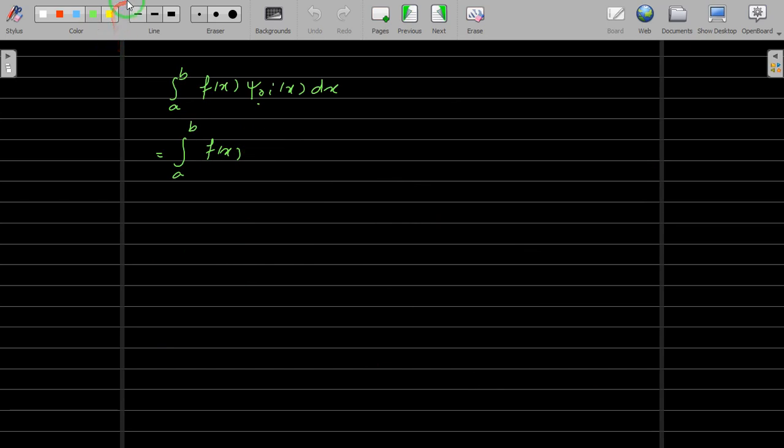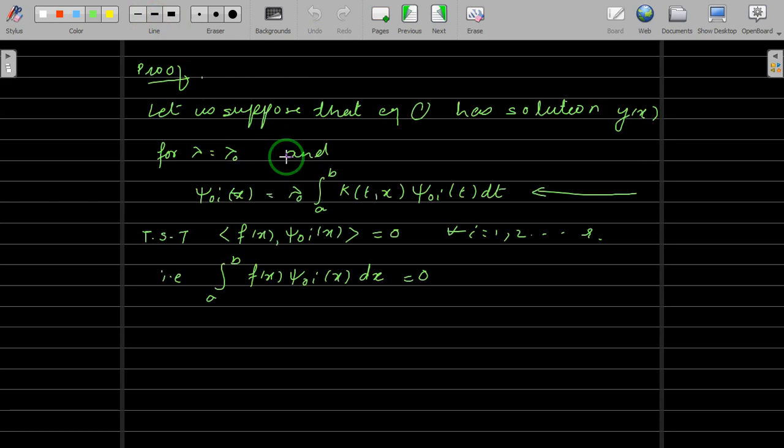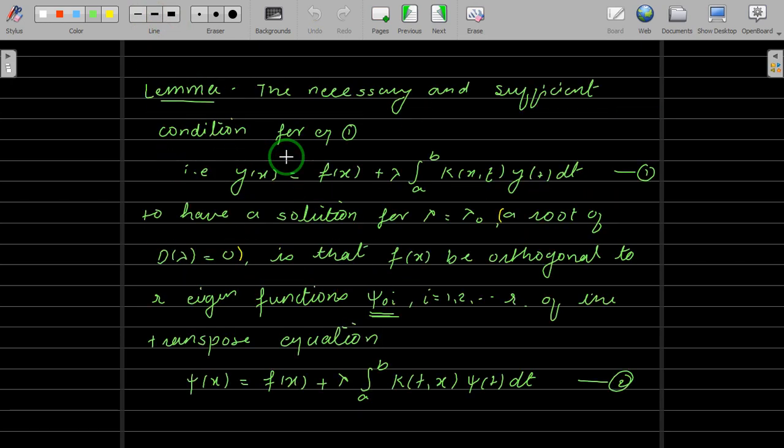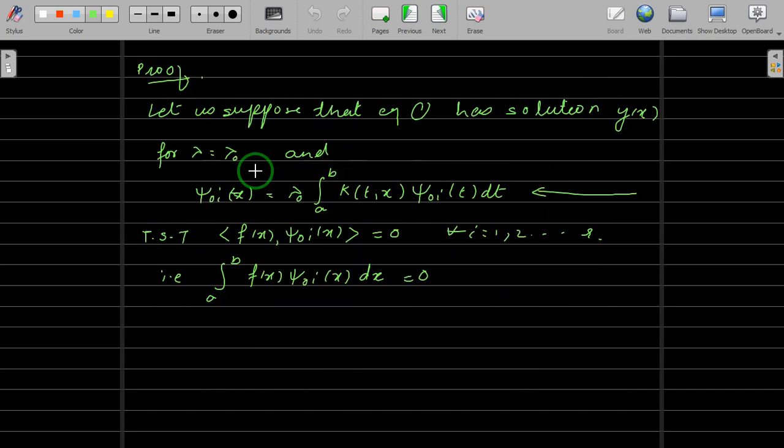You put for f, because psi 0's will be there, that's what you wanted. You put for f, and your f from equation 1 is nothing but y of x minus lambda times the integral from equation 1.